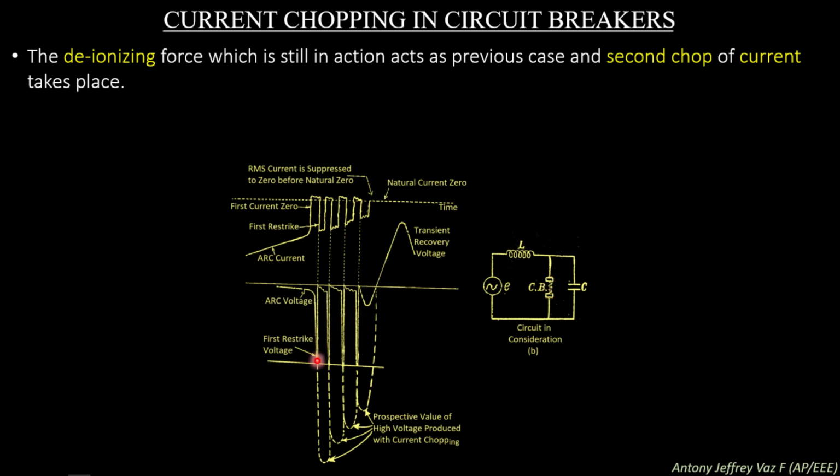When the arc is struck, the arc voltage, that is the capacitor voltage, gets reduced to zero, and at this point the arc current is very high. So this is the second chop time or the second chop period.